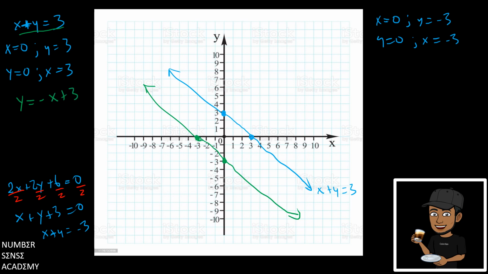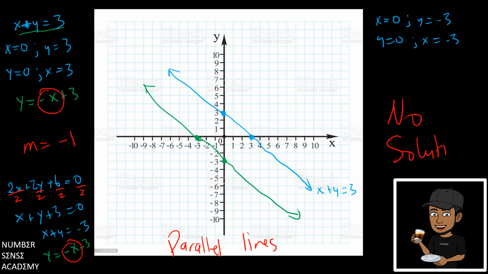Then we have x plus y is equal to negative 3, that means y is equal to negative x minus 3. Yes, both their slopes are negative 1. So they are parallel lines, which means, again, no solution to this system.